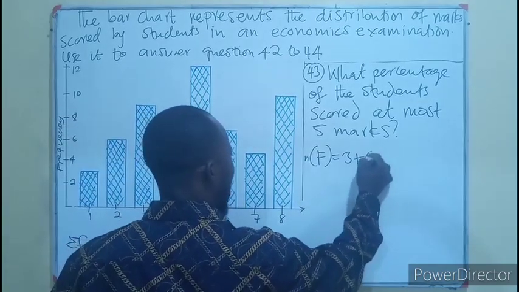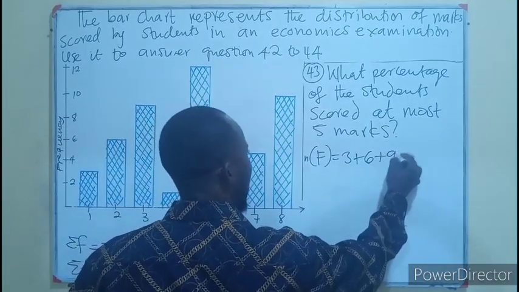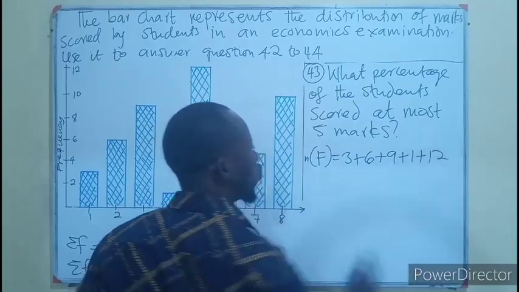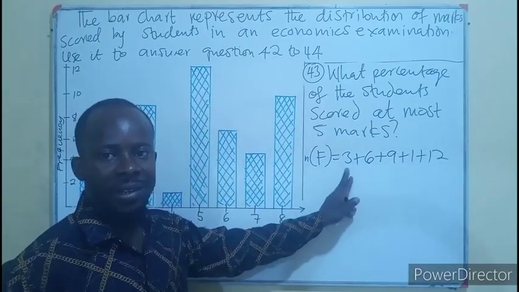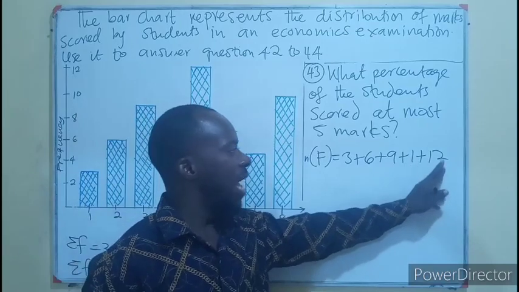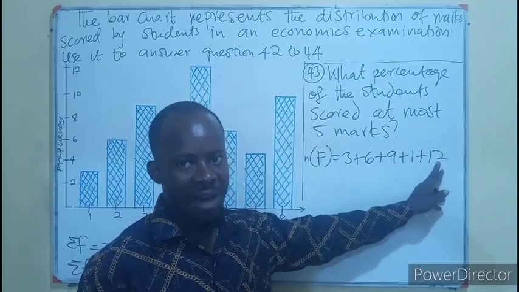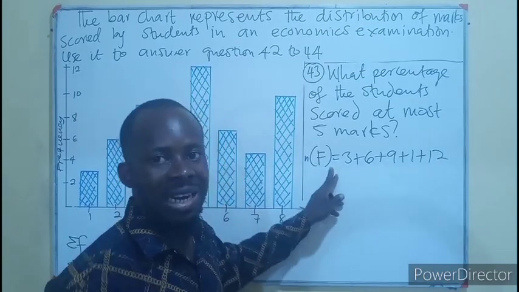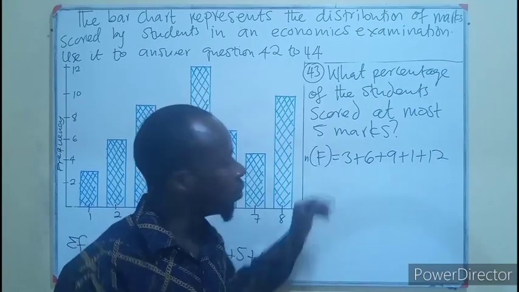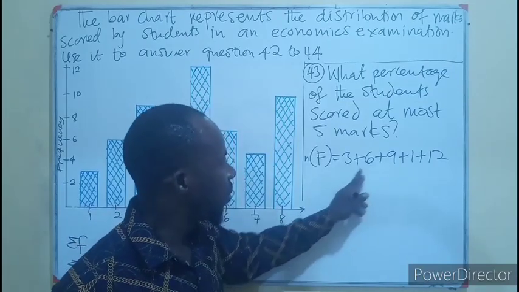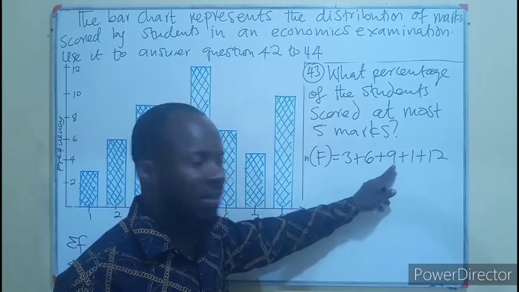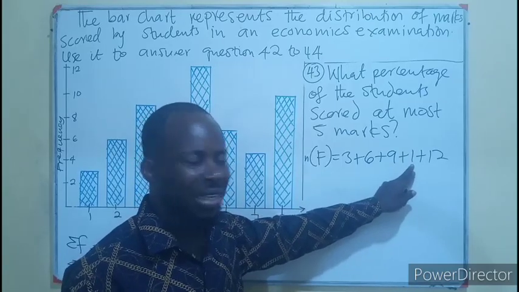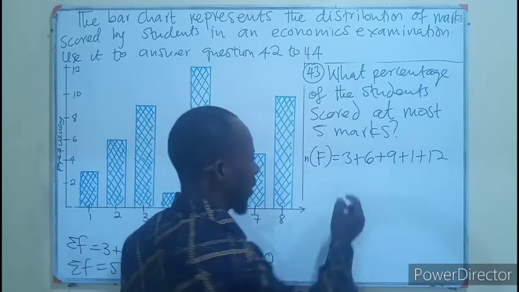Meaning 3 plus 6 plus 9 plus 1 plus 12. This is 1, 2, 3, 4, 5. Then at most is what? 5 marks. It means all these people get 5 or less than 5. So let's add that to get 9, 18, that will be 19, 29, so 31.